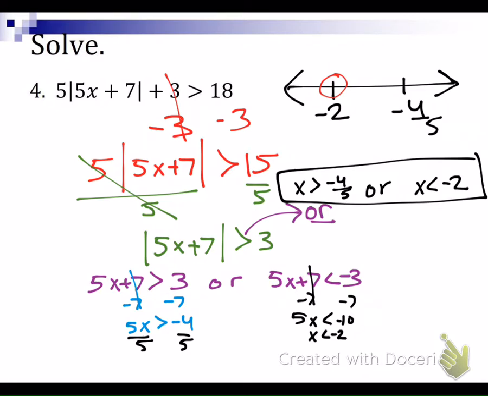It's less than, so it goes smaller than negative 2, to the left. Greater than negative 4/5 would be to the right. Is that a standard looking OR? Yes. It is, so I am good. Questions?